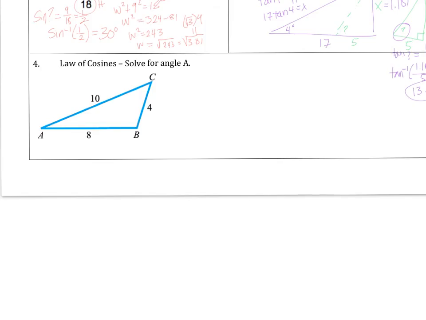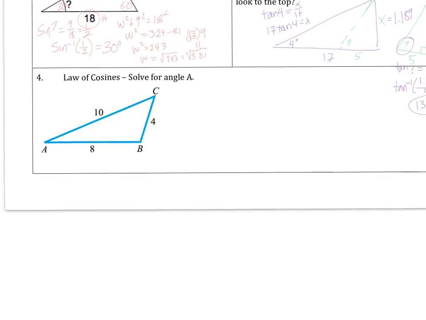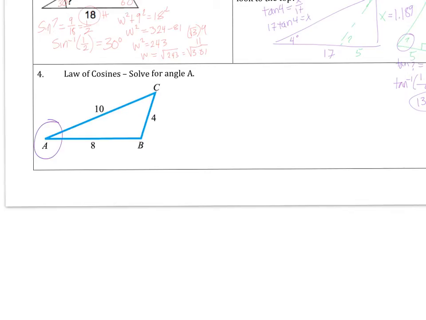All right, one last doobie. This is law of cosines. I know I'm solving for an angle. I'm using A, so I'll probably use my A setup. A squared is equal to B squared plus C squared minus 2BC cosine of A. Plugging things in.